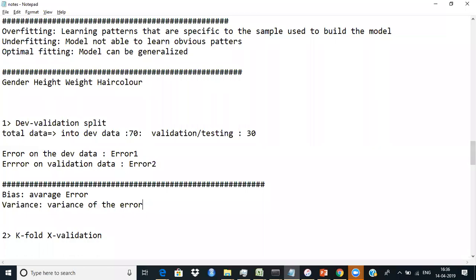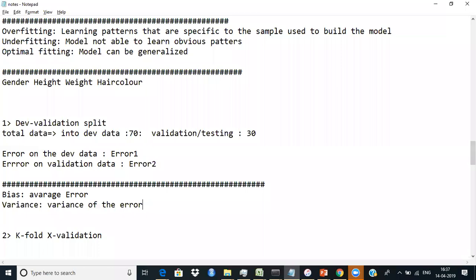Now, once you have calculated these two, tell me, how do I detect overfitting or underfitting or optimal fitting using these two numbers? Variance of the error is on the positive side of the average error.